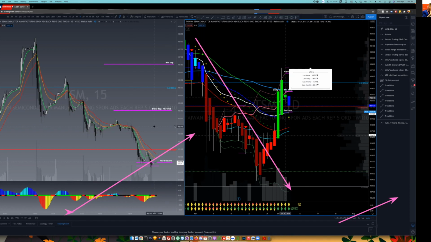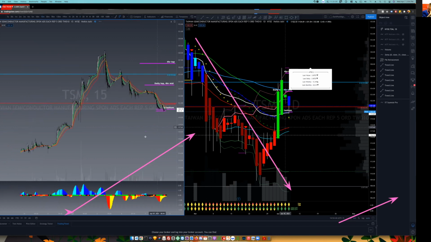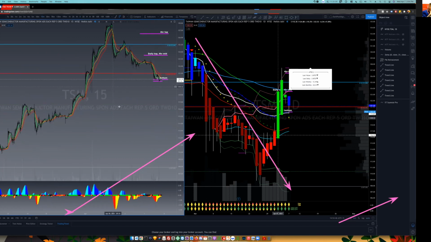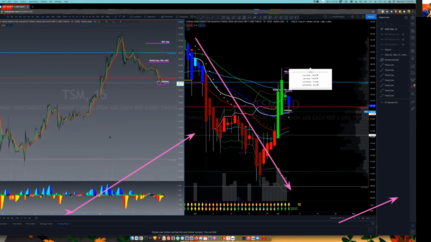Let me find some targets here. Since we know that price action is going to be bought because the algo tells us so, where are we going to go? Some people do their fib extensions like this. I prefer to do mine a little different.